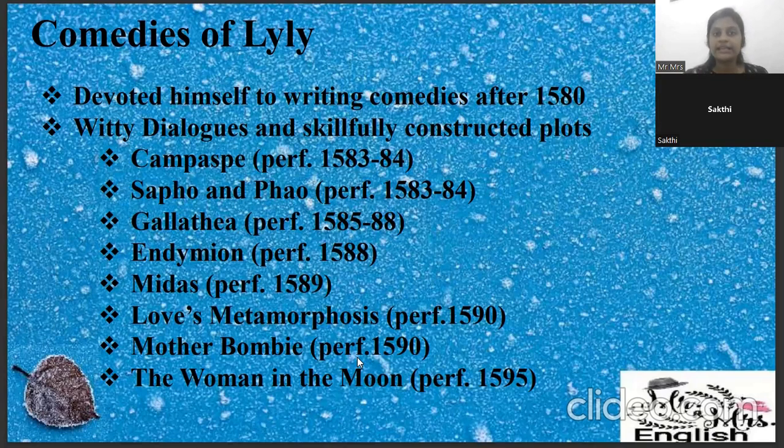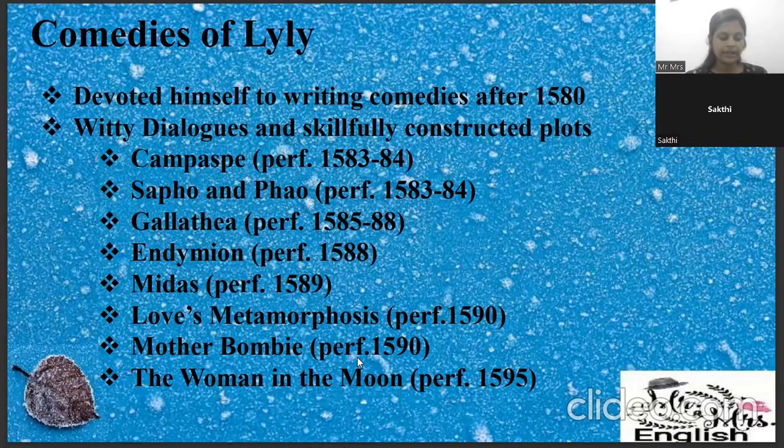I told you, he is the one who drew stories from classical mythology. But in Mother Bombie, you can see some content other than mythology. That is what makes this work distinguished from other works.